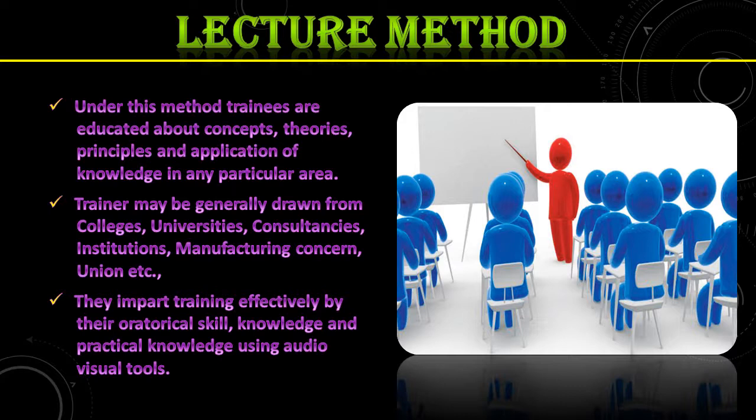The trainer may generally be called from colleges, universities, consultancies, institutions, manufacturing concerns, unions, etc. They impart training effectively by their oratorical skill, knowledge, and practical knowledge using audiovisual tools.